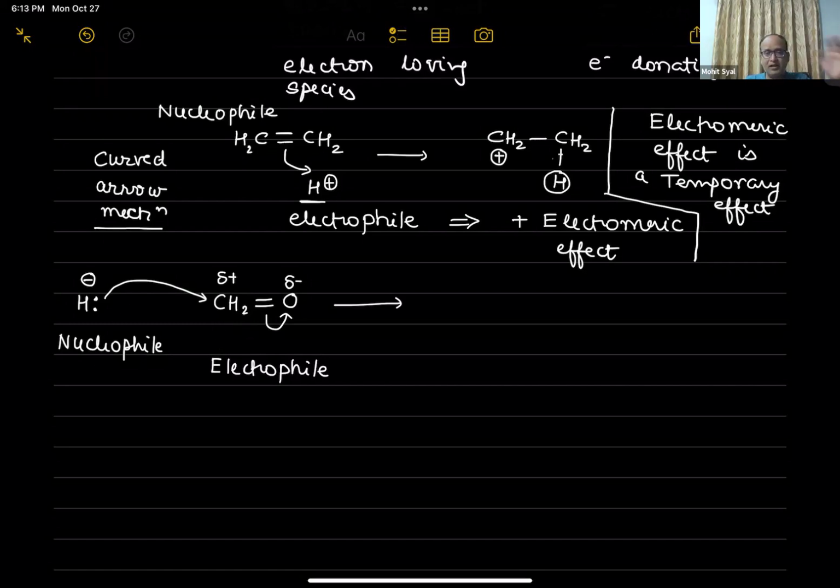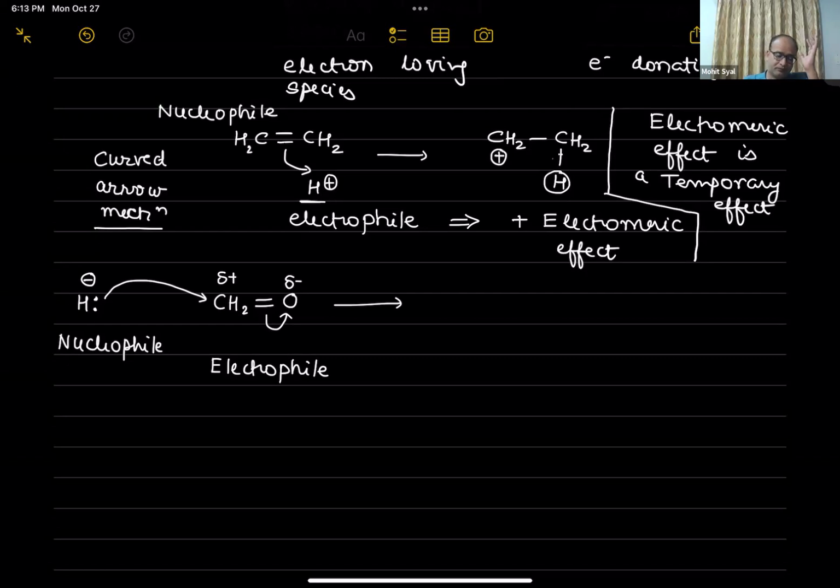You must be able to read these arrows, they tell you everything. Right now we are discussing these things in detail, but in class 12th and by the end of class 11th, you will be quite confident with the arrows. You will automatically be able to write all the reactions and mechanisms with complete confidence.